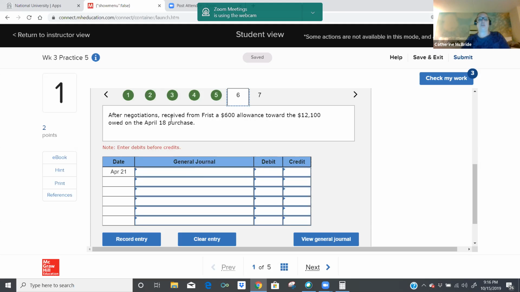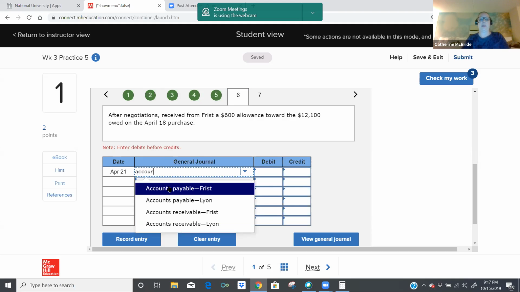After negotiations, we received from Frist a $600 allowance. So we called them and we said, there's a problem with some of the inventory, but we'll go ahead and keep it. Will you give us a discount? And they said, I'll give you a $600 discount. So the first thing I'm going to say is, okay, if they're giving us a discount, I'm going to debit my accounts payable account $600 because I'm not going to pay them that amount, the discount.